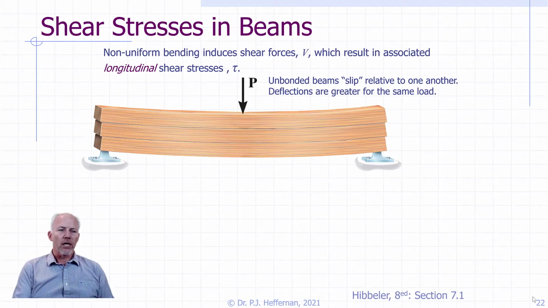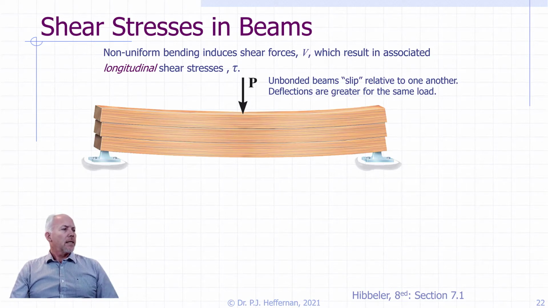We can use glue, nails, staples, welds. It doesn't really matter; it depends on our cross-section. But we have to make sure that the entire cross-section is not going to slip relative to each other. That's a good indicator of how these shear stresses exist inside our beam and how we're going to have to design our beam to resist them.